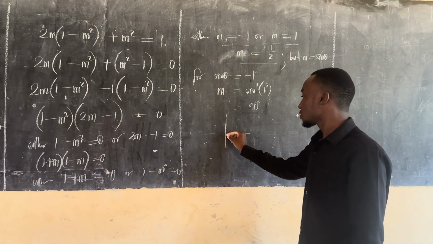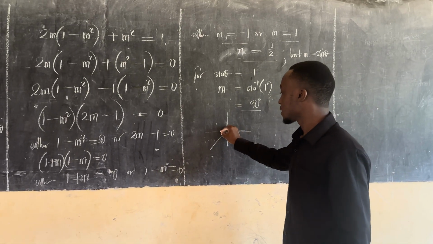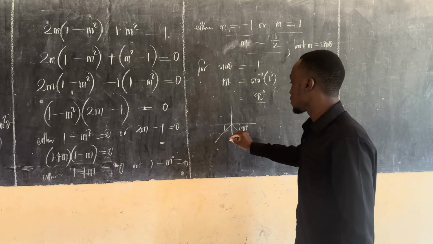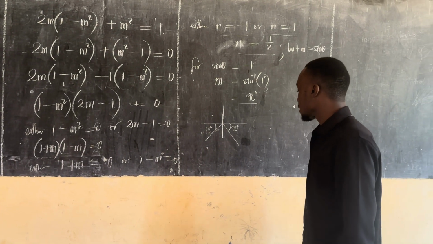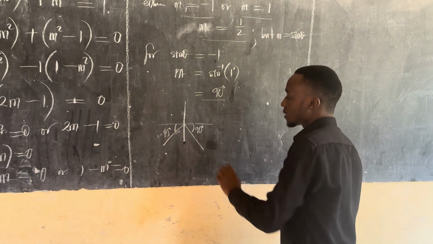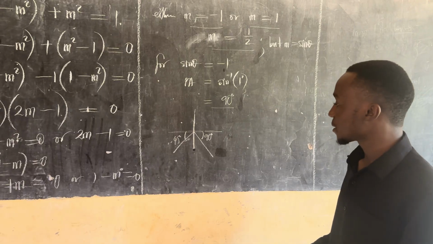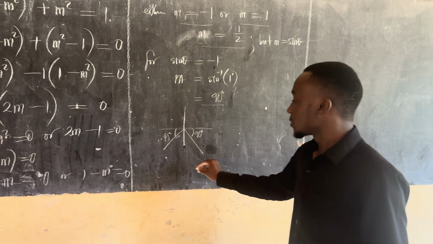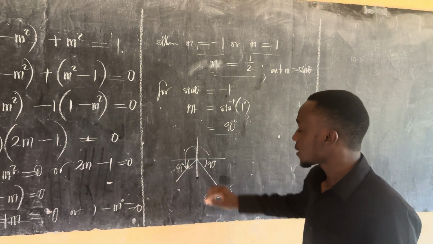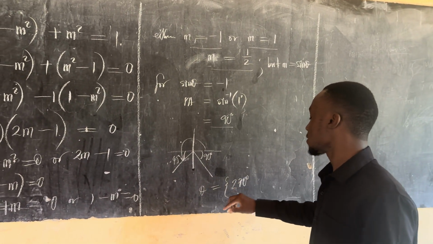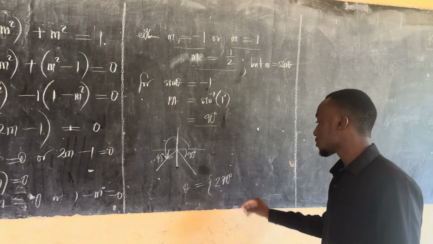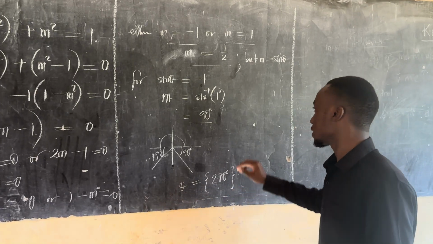But we can continue with our interpretation that this is our 90 and this is our 90, for us not to confuse ourselves. So from this, our theta becomes this angle, which is 270 degrees, and this one, which is still 270. So you don't repeat it, just leave it there.